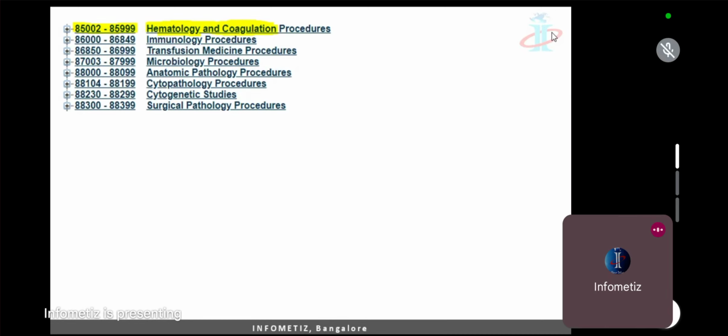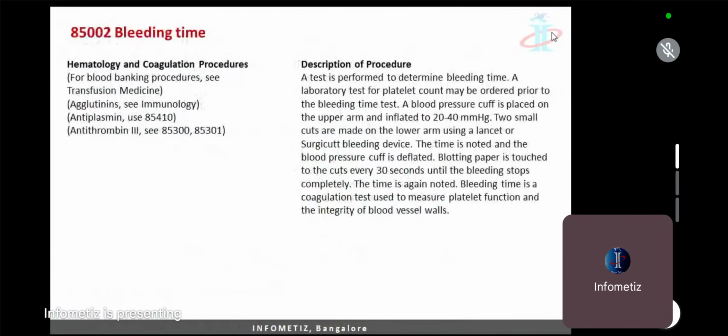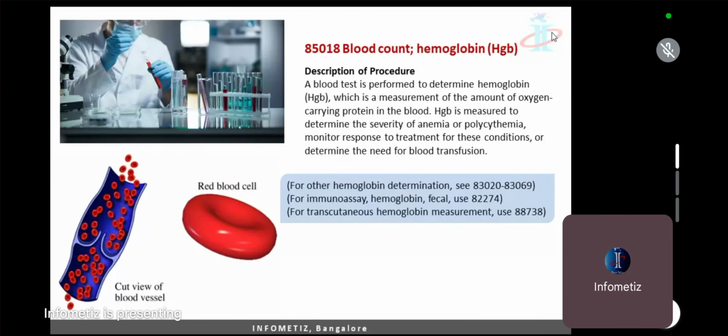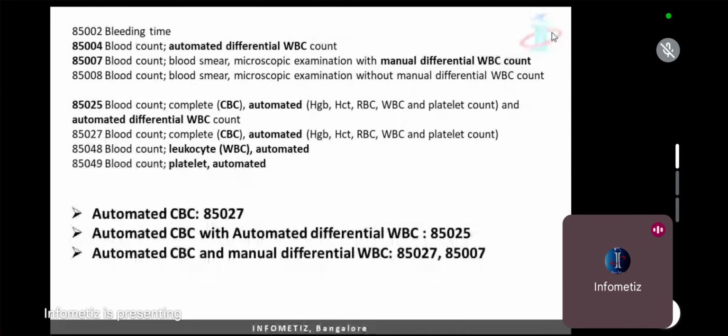Only RBC we are checking. 85610, prothrombin time. 85651, sedimentation rate non-automated, and 85652, sedimentation rate automated. 85660, sickling of RBC. 85705, thromboplastin inhibition tissue, and 85730, thromboplastin time partial.